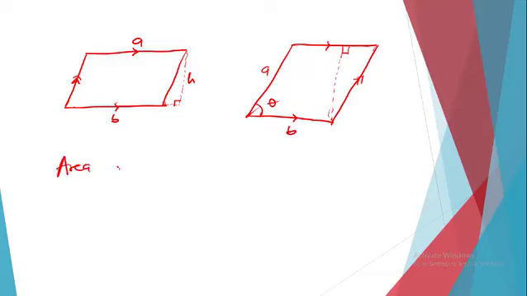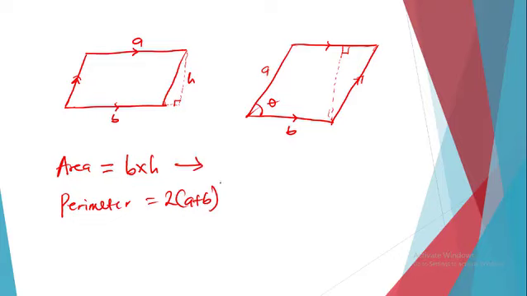for the area of a parallelogram, the area is given as base times height. Okay, then the perimeter is given as 2 into A plus B. Okay, and also you agree with me that B times H is the same thing as AB sine theta.